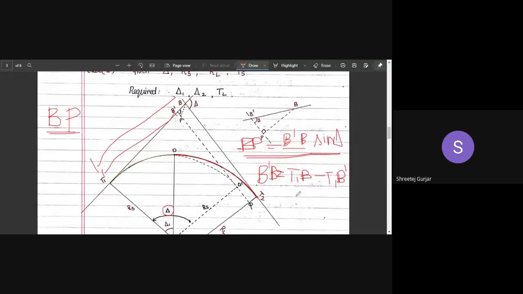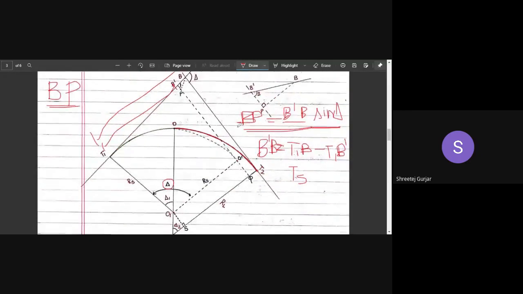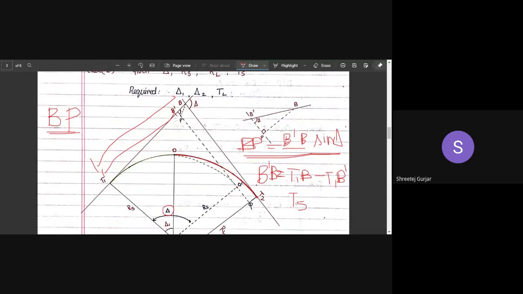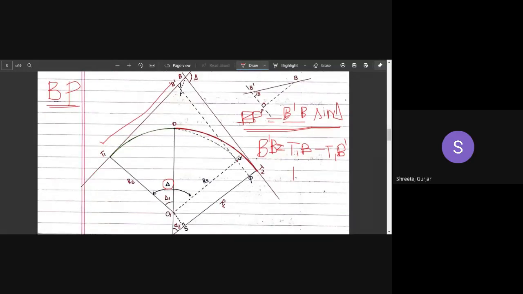Now what is T1B? T1B is nothing but your capital TS, right? And what is T1B dash? T1B dash you have to calculate. Can you tell me what is T1B dash? T1B dash is from T1 to B dash. It is nothing but the tangent length of this shorter curve, right? We know the formula for tangent length.